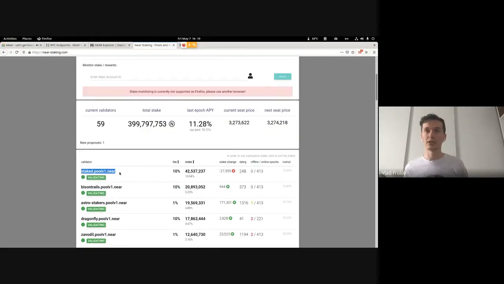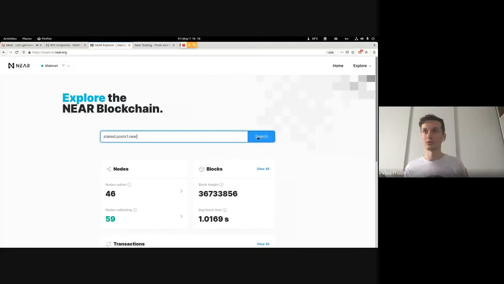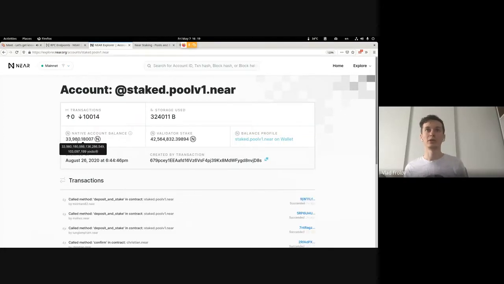So these are accounts on the network, like state pool v1.near. You can see that this account has what is also called liquid balance or native account balance on Explorer.